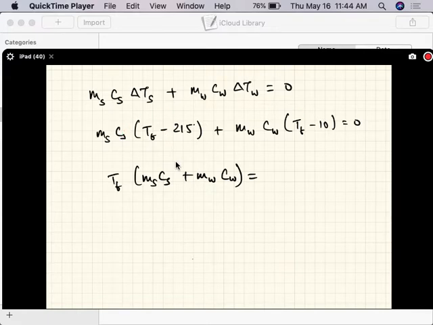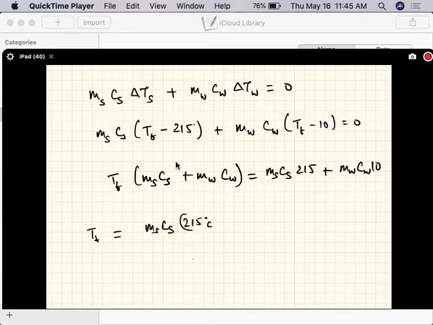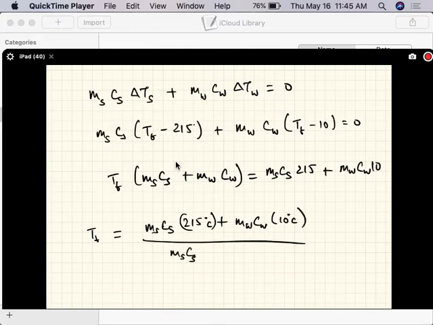Okay, so the final temperature is Ms Cs 215 degrees Celsius plus Mw Cw 10 degrees Celsius, divided by Ms Cs plus Mw Cw. All right, so now we can put in the values.